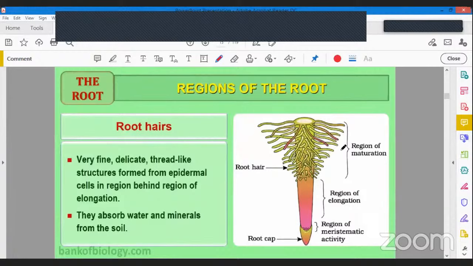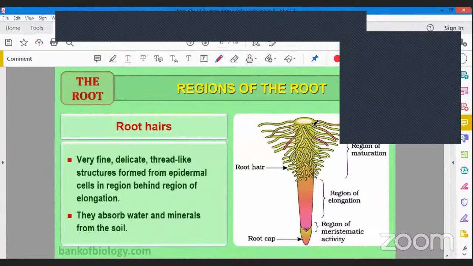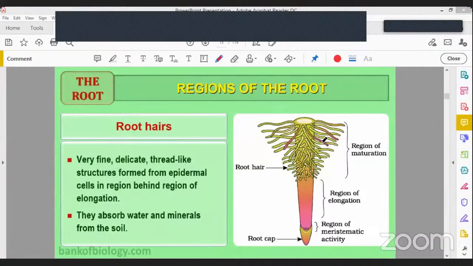The root hairs are unicellular extensions from the roots, which help in absorption of water and mineral salts. Take it down, students.